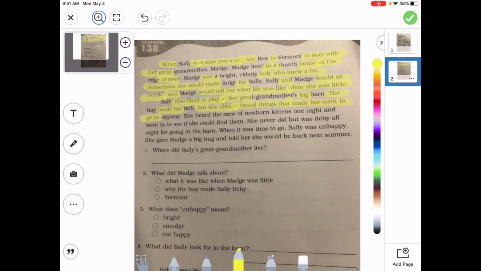Look, this is like 2 sight words, anyway. She heard the meow of newborn kittens one night and went to see if she could find them. She never did, but was itchy all night for going in the barn.